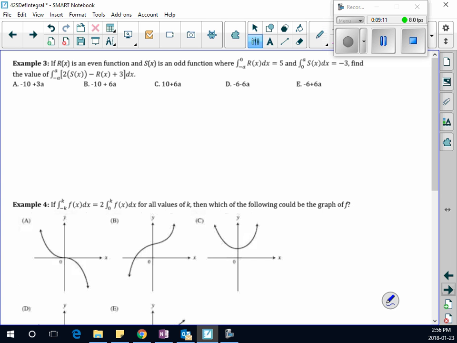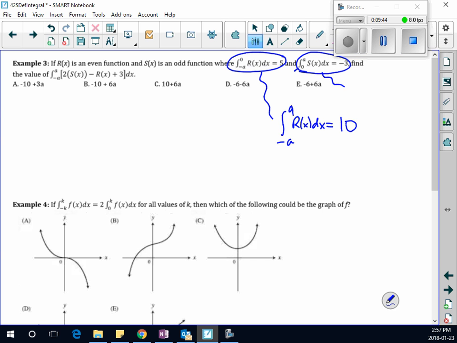Yeah, so let's go back to r of x. What do we know about this one then if this is even? Yeah, same area. So if it's going from -a to a of r of x dx, what would that equal? Yeah, 2 of that, right? So it would be 10. Does everybody see that part? Do you agree with that? Okay, so now if we take this, that's an odd function, right?